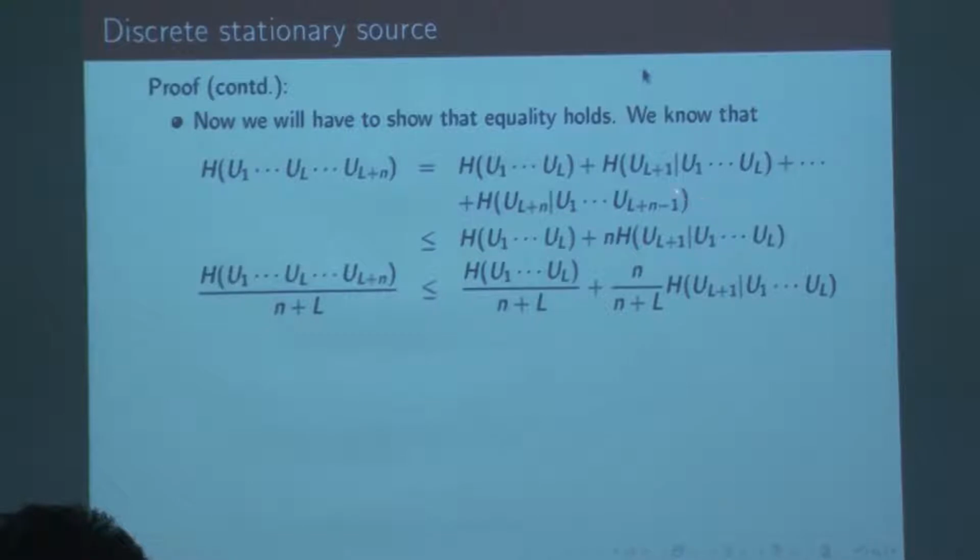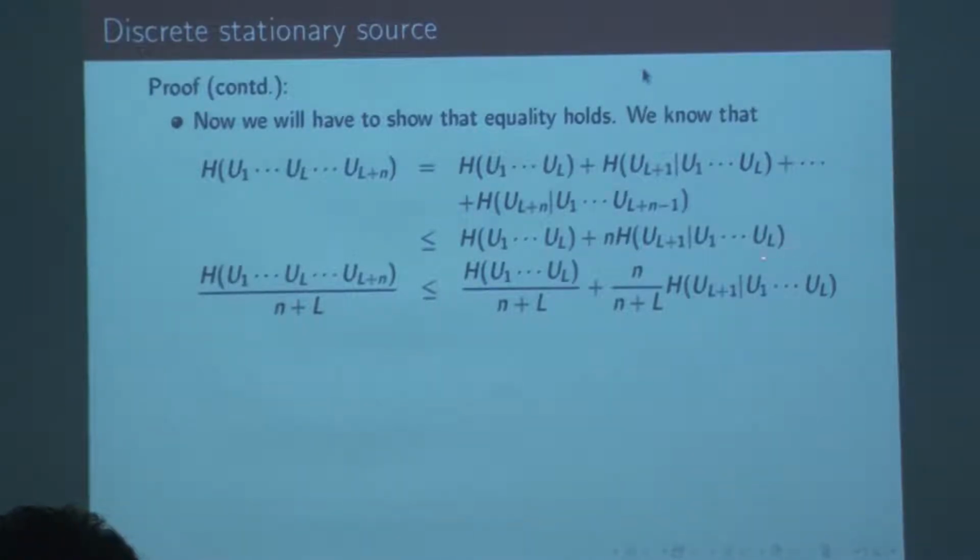This follows from the chain rule. Now, this is upper bounded by H of U1, U2, UL plus N times H of UL plus 1 given U1, U2, U3, UL.